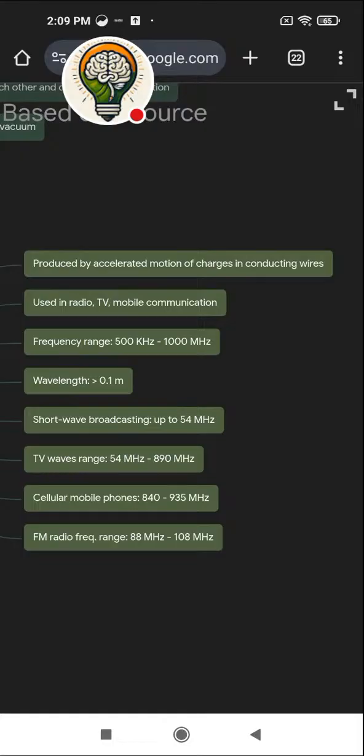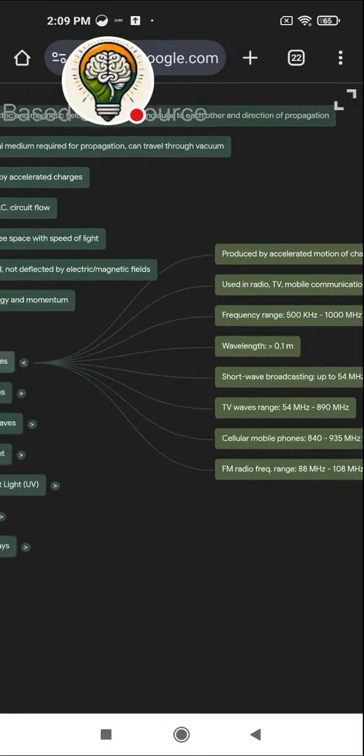Short wave broadcasting up to 54 MHz, TV wave range 50 MHz to 890 MHz, cellular mobile phone 840 to 935 MHz, and FM radio frequency range from 88 megahertz to 108 megahertz.